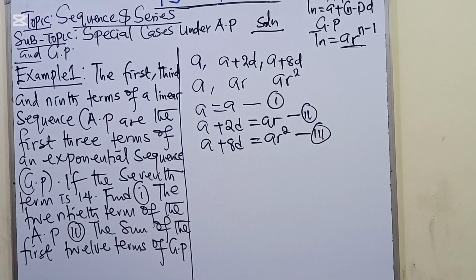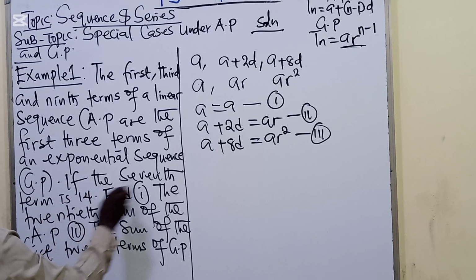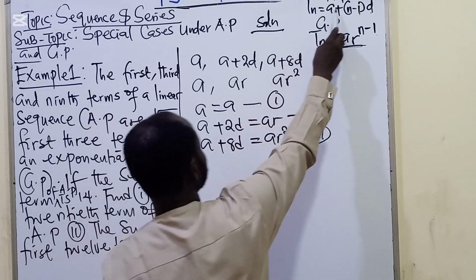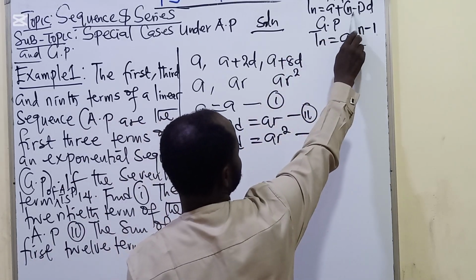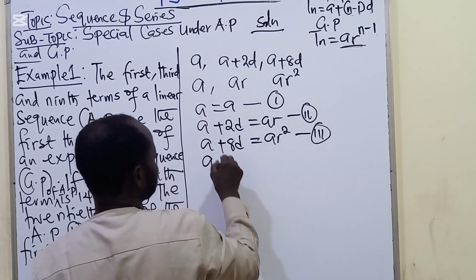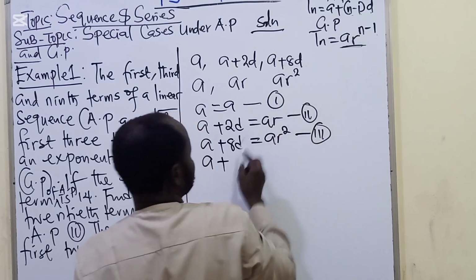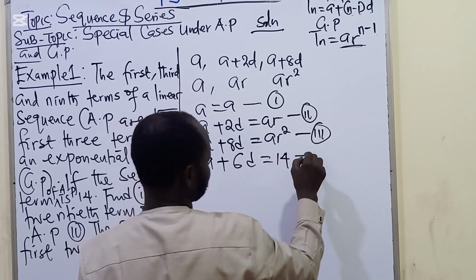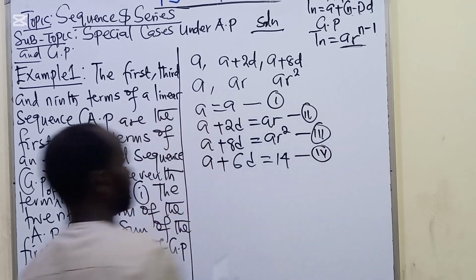And we are told that the seventh term of AP is 14. It means when n is 7, substitute, we have A plus 7 minus 1, that's 6, times D, that's 6D, equals 14. That will lead to equation 4.